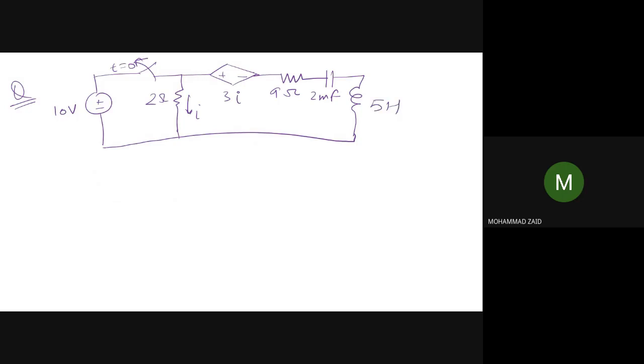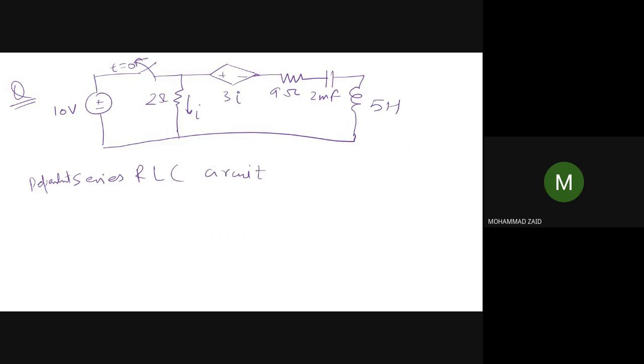Okay, so what happens is that when this switch is turned off at t is equal to 0, the circuit becomes a dependent RLC, because there is R, 2 ohm, 9 ohm, there is some inductance L, and there is some capacitance C in the circuit. So it becomes a dependent series RLC circuit.